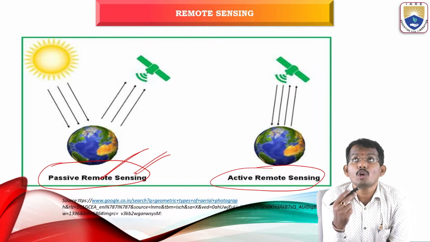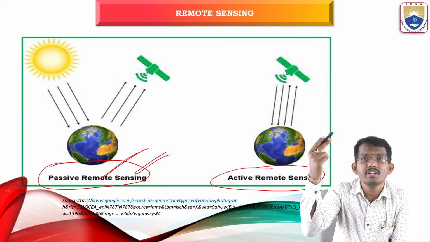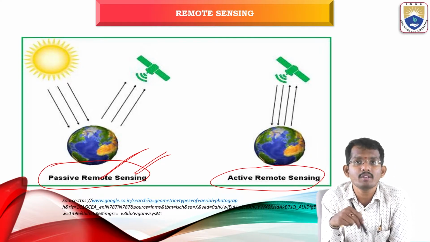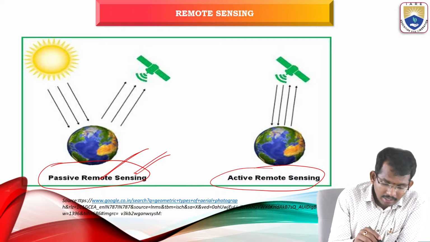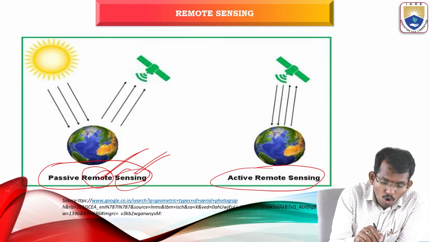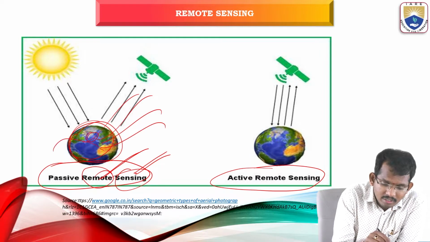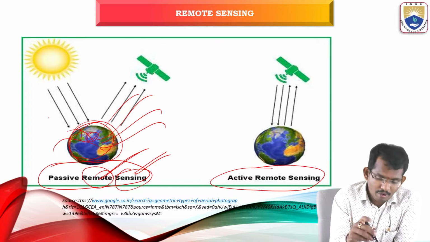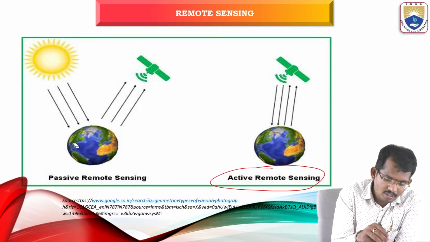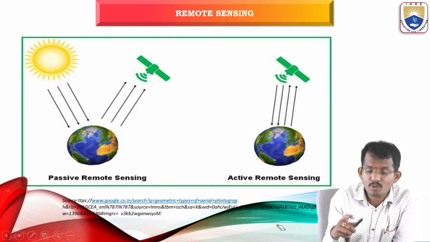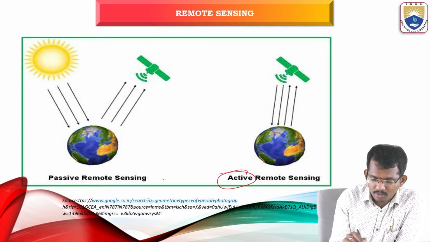So without being in direct contact with the air conditioner, I can feel it is cool in this room. Similarly, in remote sensing also, without touching the ground surface or the earth, we can extract information of various locations or points. For this purpose, there are two types: active remote sensing and passive remote sensing.